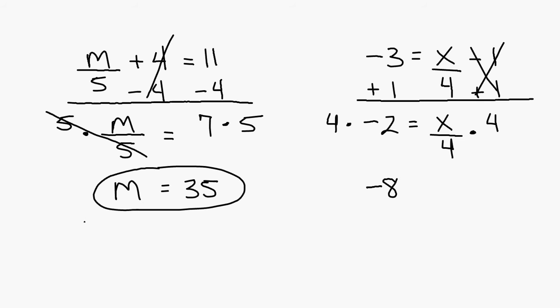Negative 8 equals x. Because these two 4's cancel each other out. Questions?